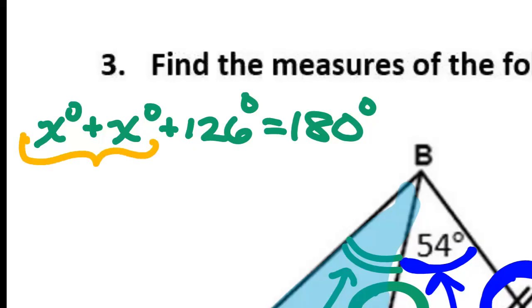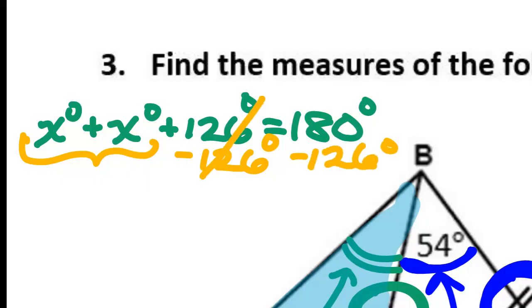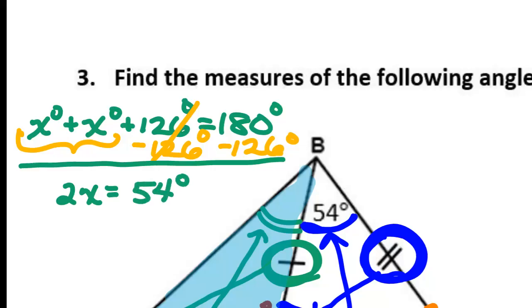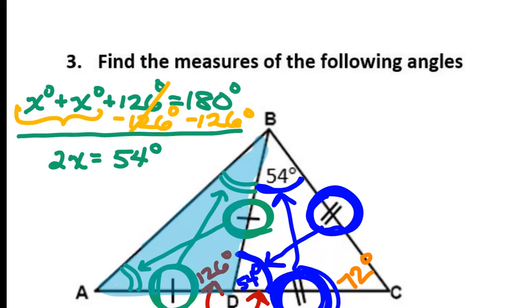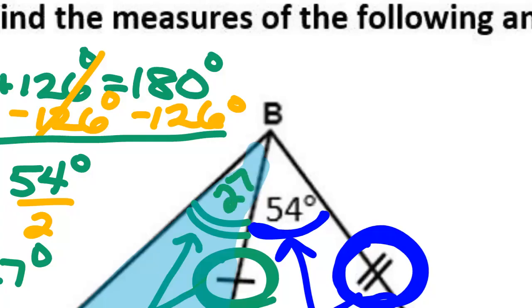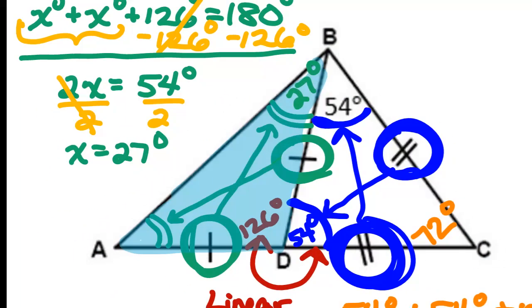I can combine my x's and subtract 126 from both sides. So that would give me 2x equals how much? 54. And then we divide both sides by 2. We get 27. X equals 27 degrees. So this angle up here is 27, and this angle down here is 27.